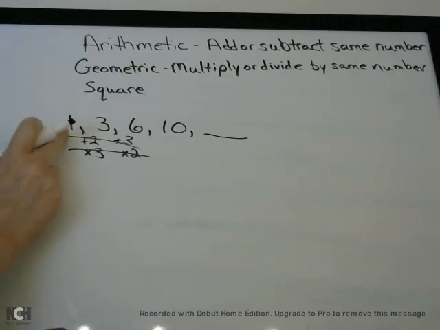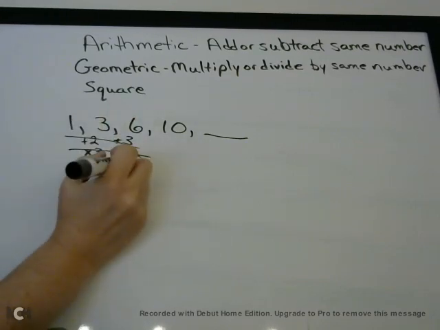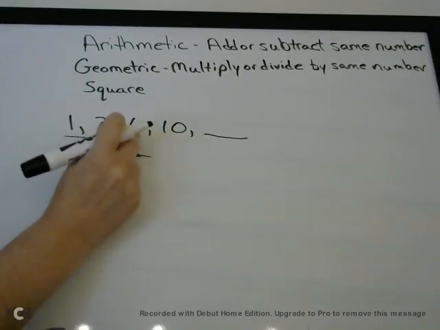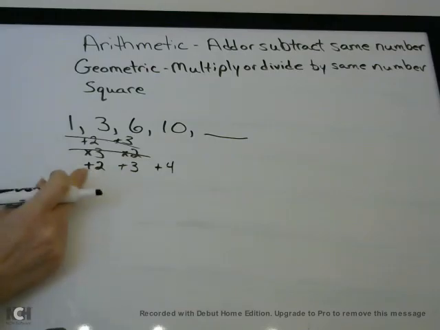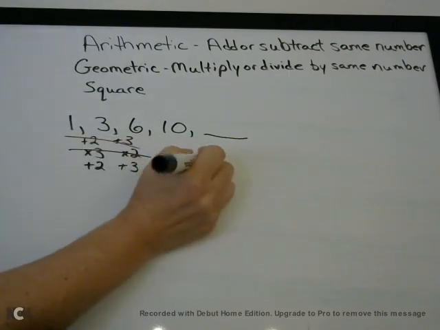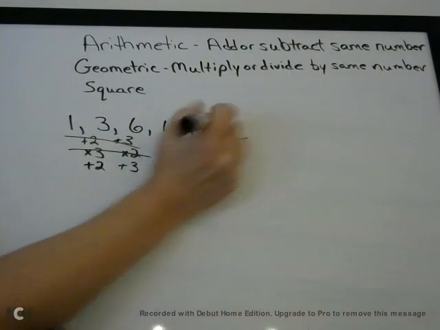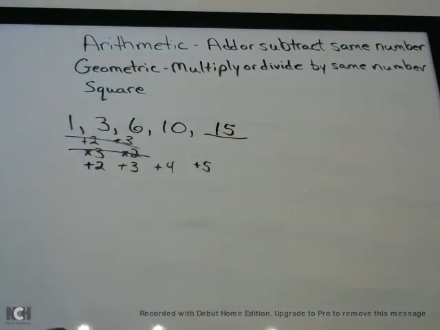From 1 to 3, we're adding 2. To go from 3 to 6, you're adding 3. To go from 6 to 10, you're adding 4. So this is a pattern, right? 2, 3, 4. So it would be logical that the next number you would add 5. And so 10 plus 5 is 15. So that would be the answer to that question.